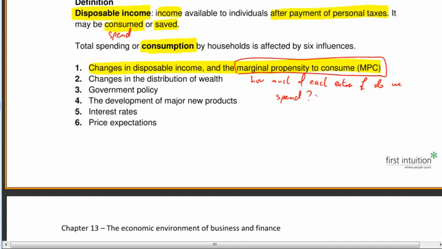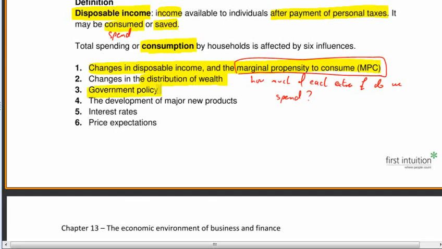Any extra pound of income is pretty much spent straight away. And that's why changes in the distribution of wealth can also affect total consumption in the economy. If there's a redistribution away from the rich towards the poor, consumption will tend to rise, because the less well off you are, the higher your marginal propensity to consume.